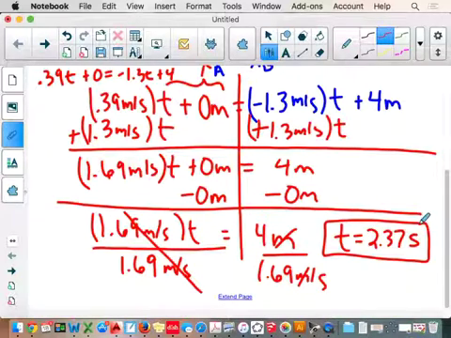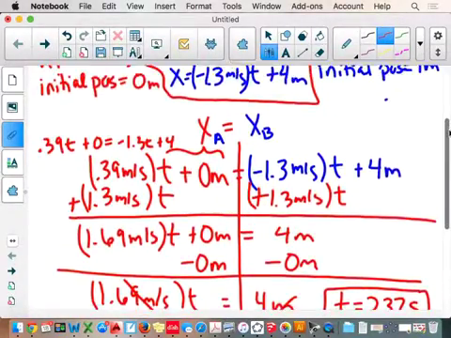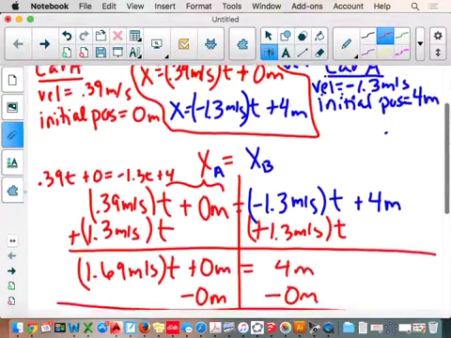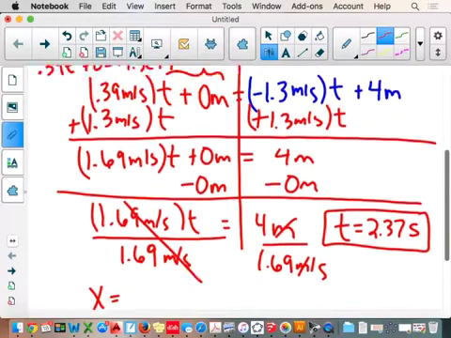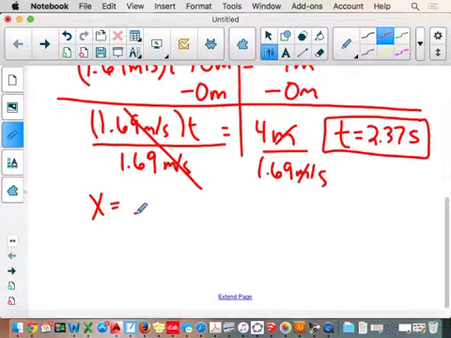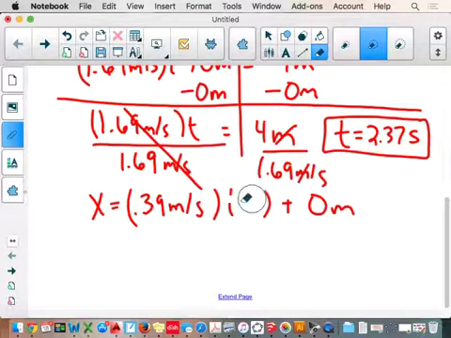We've got some pretty slow-moving vehicles here. To figure out its position, all we have to do now is take one of those models. Since I'm writing in red, I'm just going to go up and steal the red model. My red model said 0.39 meters per second t plus 0 meters. All right, and so what we'll have you do is a pretty simple substitution.